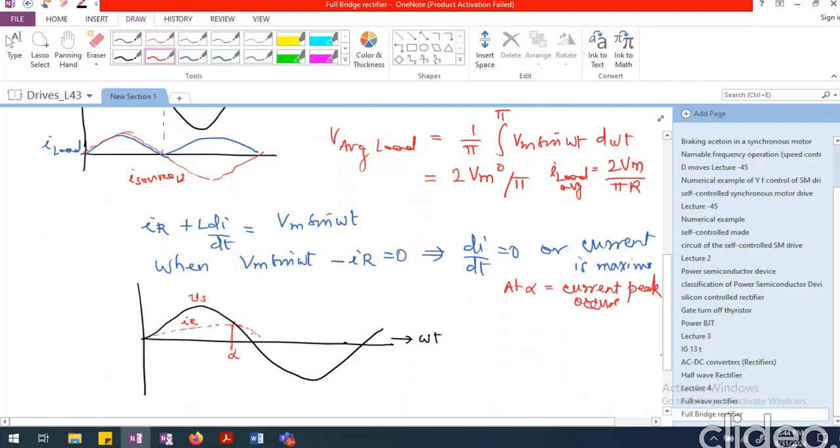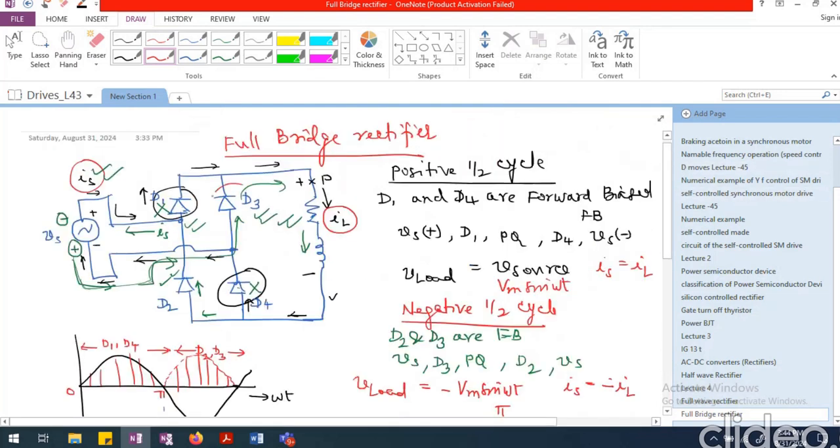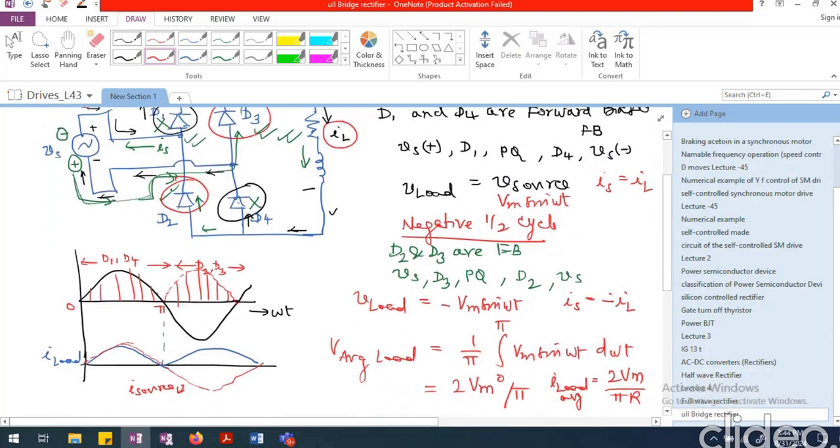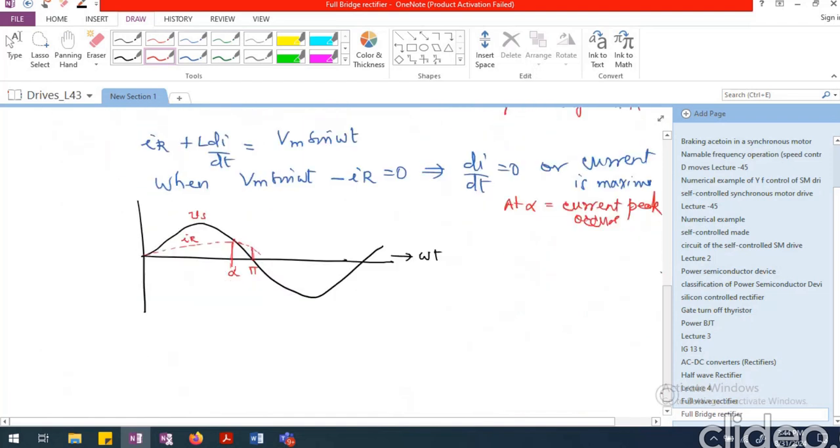Once it declines and reaches pi, the other two diodes, D2 and D3, jump into conduction. Because of that, the voltage appearing is somewhat like this. This is the load voltage.